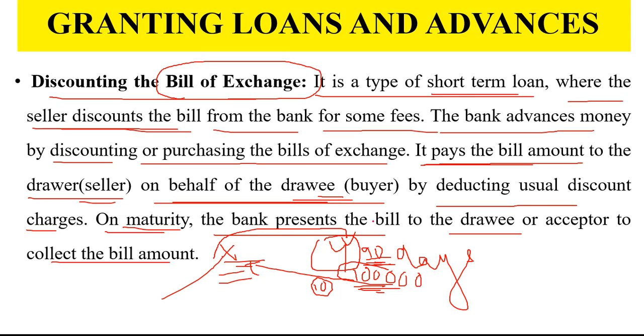So after 90 days the bank will present the bill to Y, the drawee, to collect the bill amount. The bank will collect 1 lakh rupees from Y after 90 days. So this is nothing but discounting of bill of exchange.